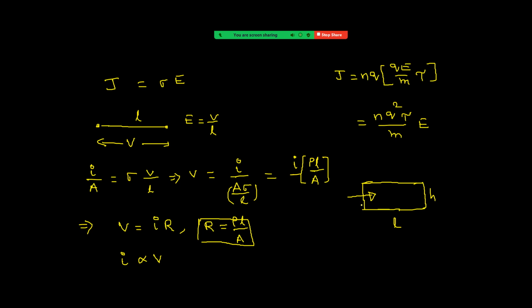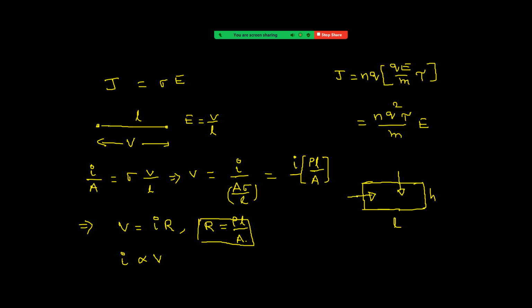If current flows like this, then H becomes this length, and then this cross section area will be A. That means accordingly, in whichever direction the current is flowing, the values of L and A change.